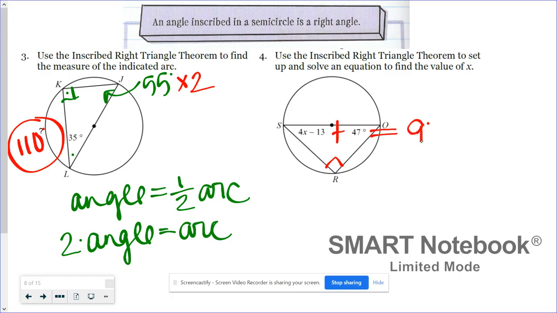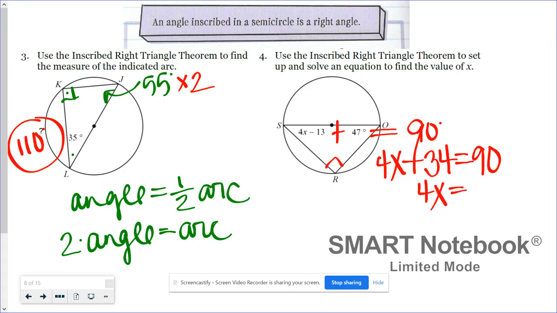So there's my equation: 4x plus 34 equals 90. Then I do some algebra, and I get that x is equal to 14.